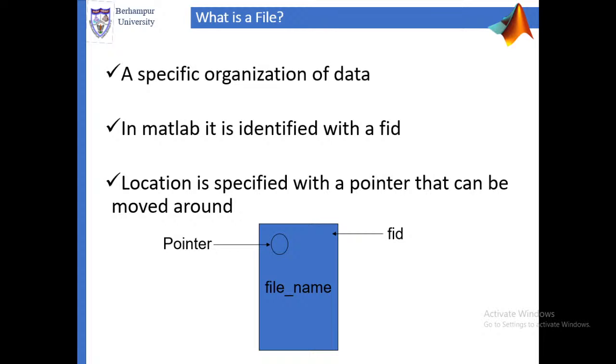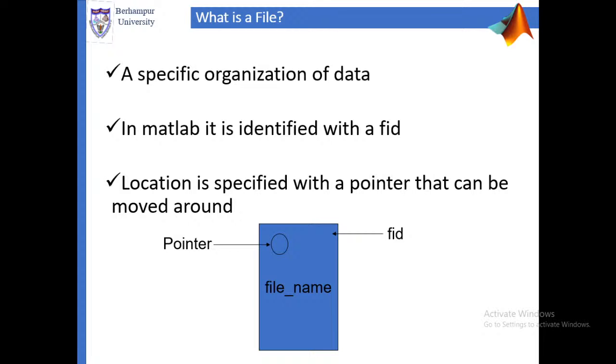FID stands for file identifier. We have used the file identifier as file up to now, file equal to fopen that we gave. So that file is the identifier for the file on which you are going to say fopen or fclose.